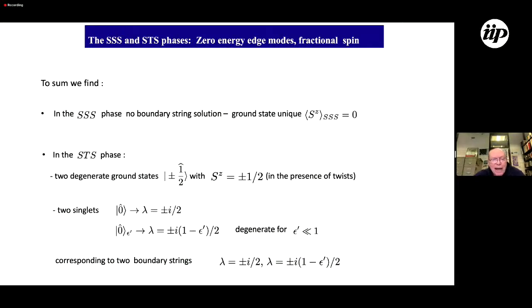So we find then that when we do this calculation, in the spin singlet superconductor, we have no string solution, and there is a unique ground state equal to 0, while in the spin triplet superconductors, I have 2 degenerate ground states, plus minus half, and 2 singlets, which correspond to these string solutions.